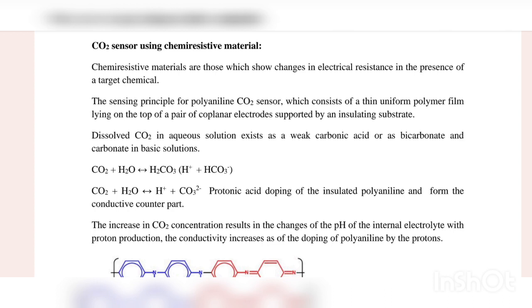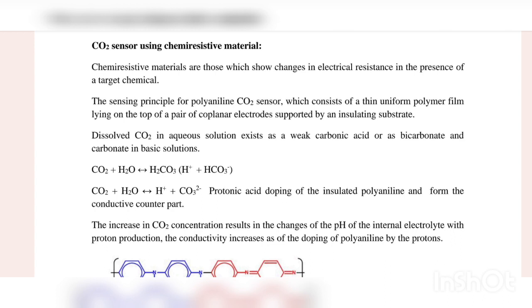And conductometric sensing applications can also be done in the presence of chemi-resistive materials like conducting polymers and metal oxides, which interact with the analyte and produce a decrease or increase in resistance, and by measuring that change in resistance, we can find the concentration of an analyte.